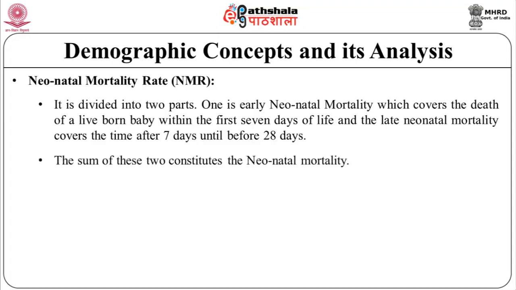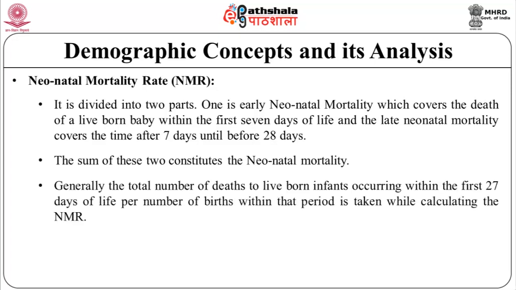The sum of these two constitutes the neonatal mortality. Generally, the total number of deaths to live-born infants occurring within the first 27 days of life per number of births within that period is taken while calculating the neonatal mortality rate.